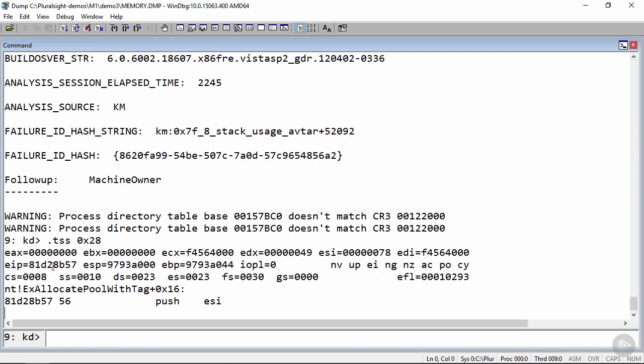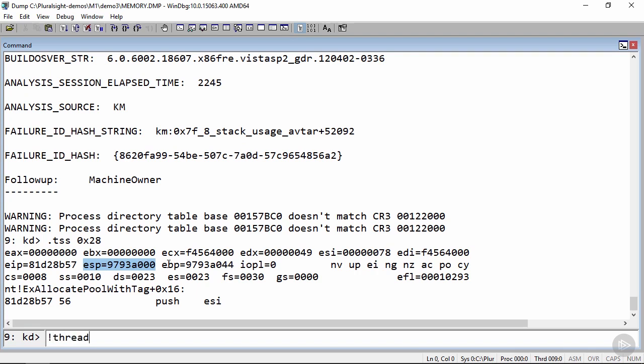And what that does is it tells us about all the registers that were current for that thread at the time. And the register of interest is this ESP, which is the stack pointer. As you can see, it's a very high number ending in 3A...000.